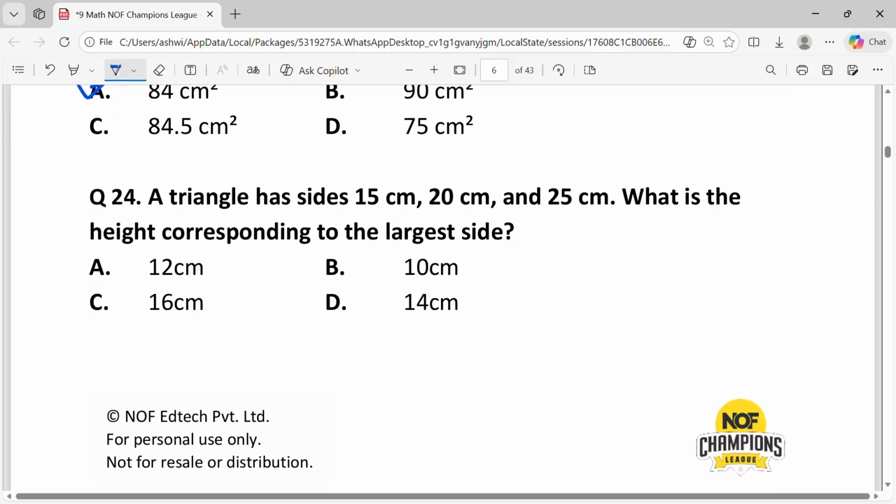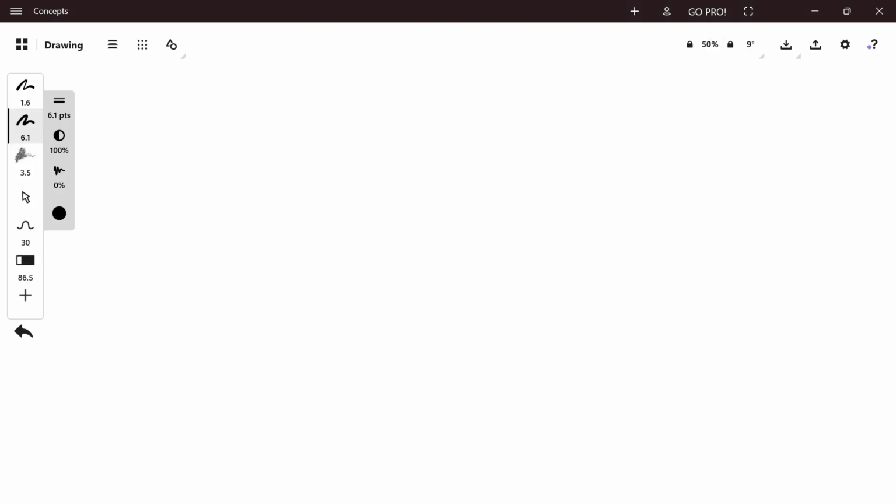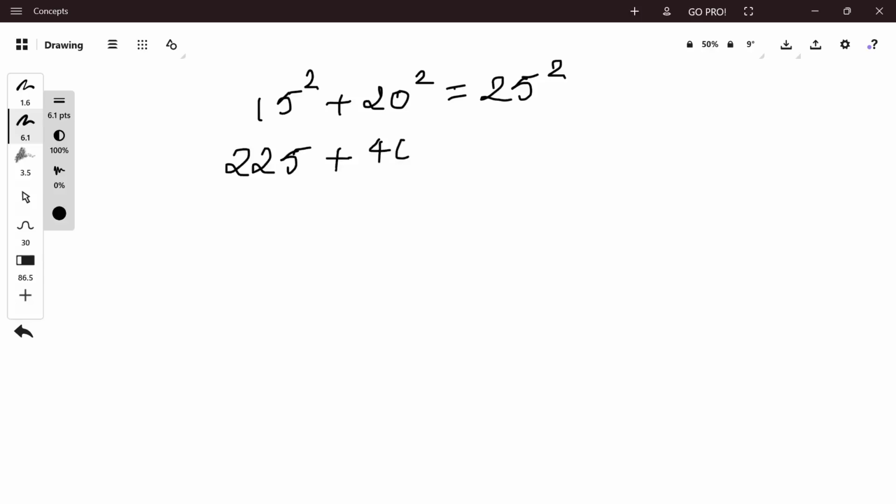Question 24. A triangle has sides 15, 20 and 25 centimeters. What is the height corresponding to the largest side? Using the Pythagorean theorem to check if a square plus b square is equal to c square, where a is 15, b is 20 and c is 25, we have 15 square plus 20 square is equal to 25 square. That is 225 plus 400, which is equal to 625.